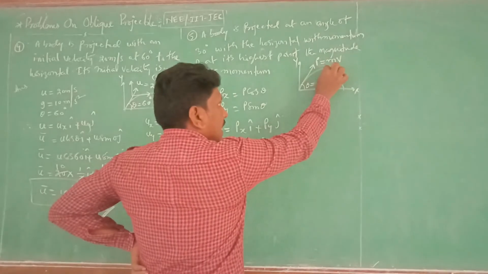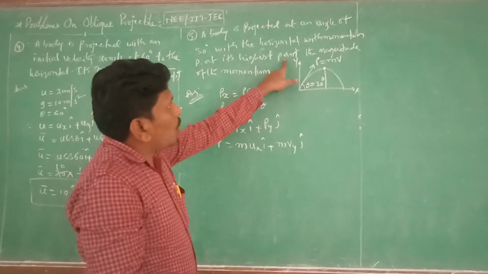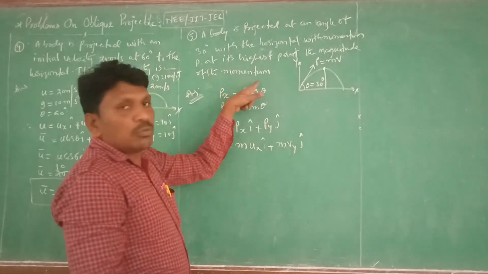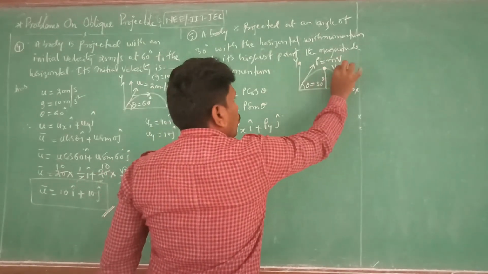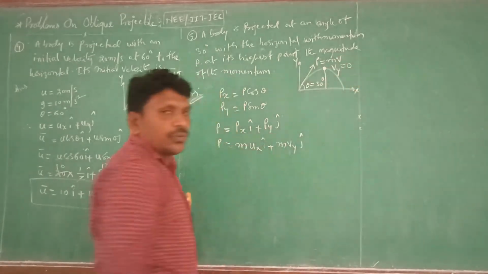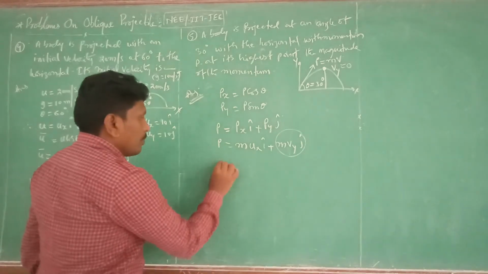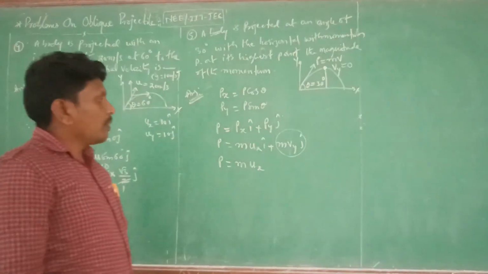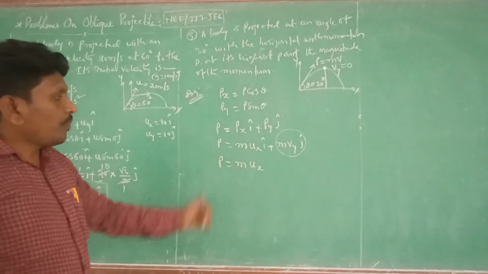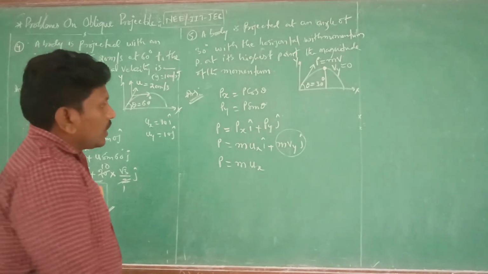At the highest point, vy is equal to 0, so this term becomes 0. Then p is equal to m into ux. P is equal to mv. Clear?